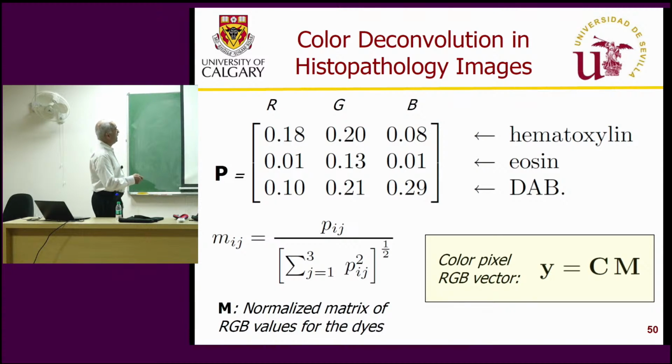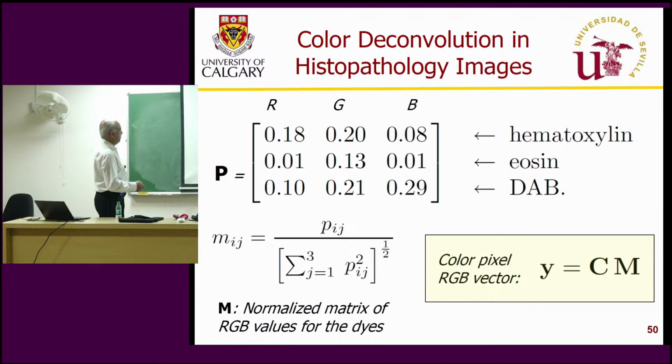In terms of RGB, these are the colors of those stains. So there is this vector P that represents the 3 stains. And then for a pixel in the color image of that tissue, every part of the tissue will take up a combination of these. Some will take more of hematoxylin, some will take more of the eosin, and so on. But there'll be some mix.